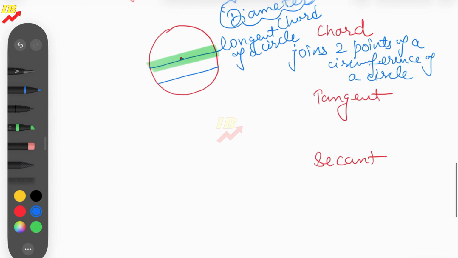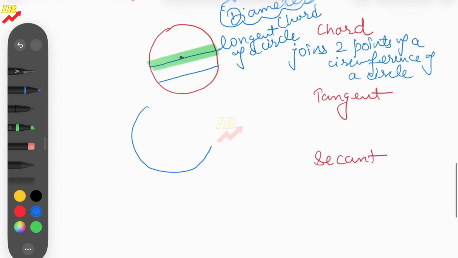Next thing is tangent. I am drawing one more circle, and a tangent is basically a line. Here we talked about a line segment; just differentiate everything so that you understand. A line segment has a certain measurement.